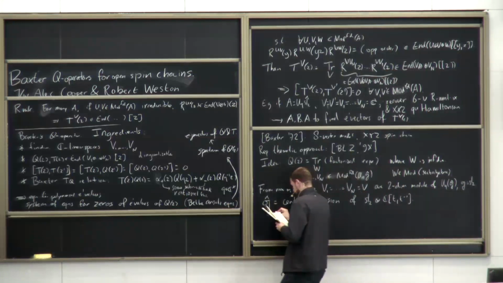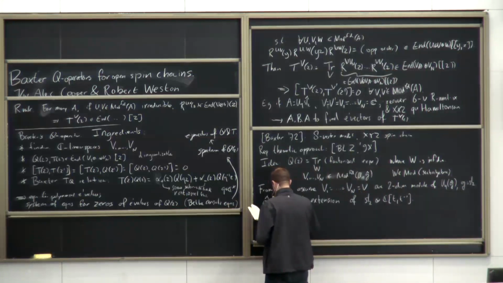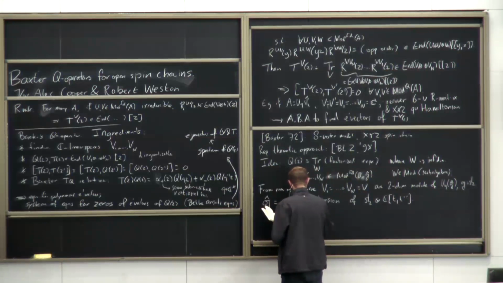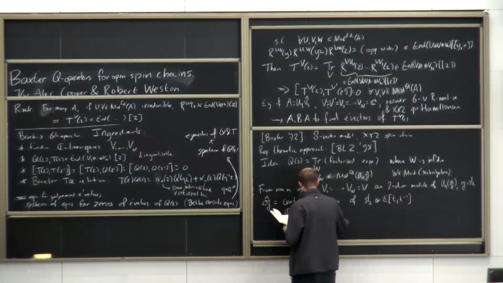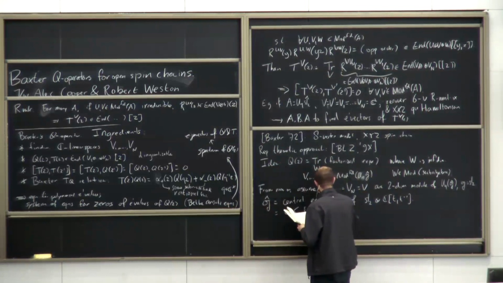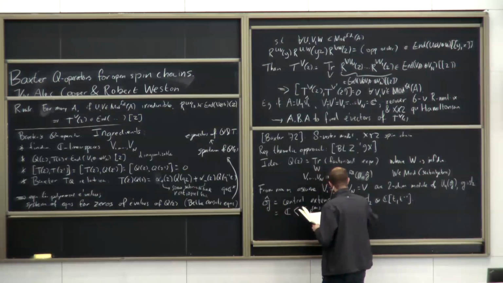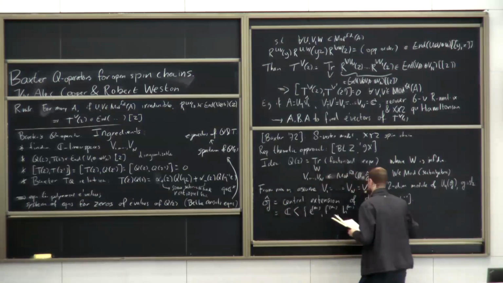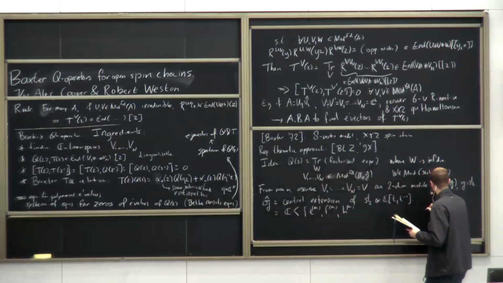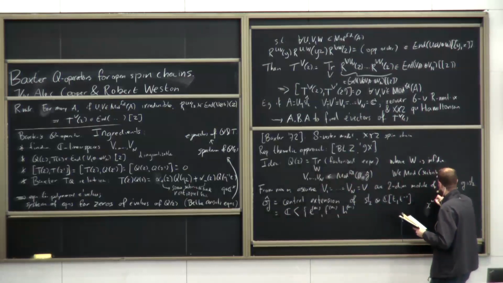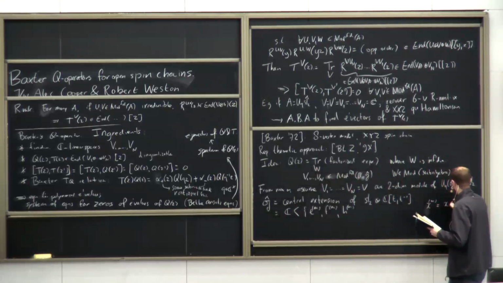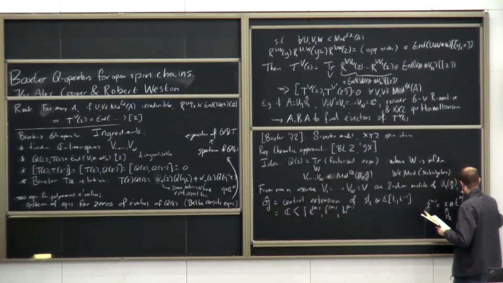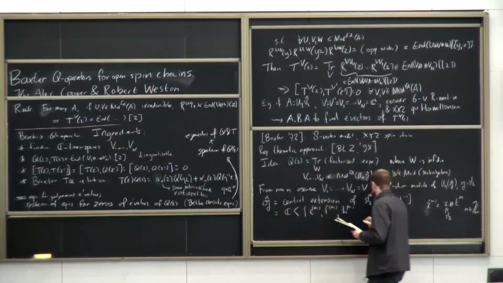And because of this, it has certain generators, which are simply loop generators. So you have the notation that x sub m, or x^m, is basically x tensor t to the m, where x is in sl2 and m is an integer. And then there's a central element.